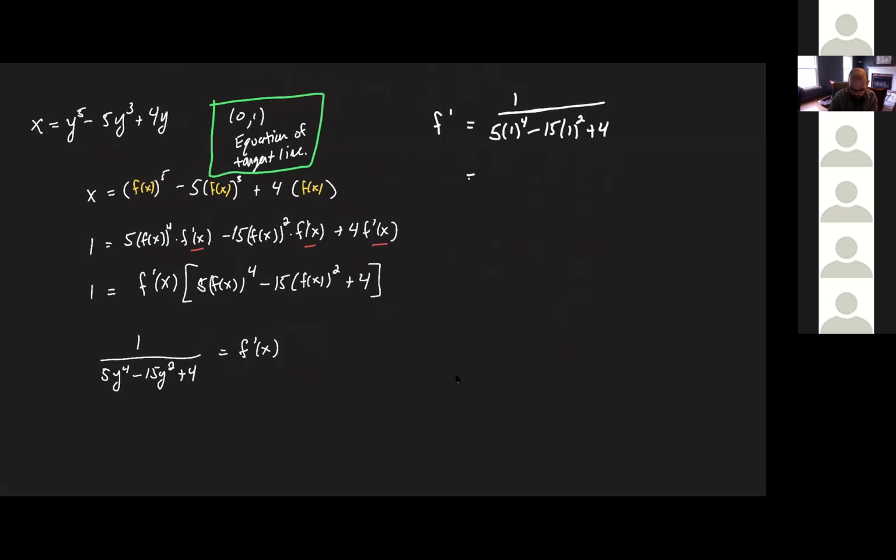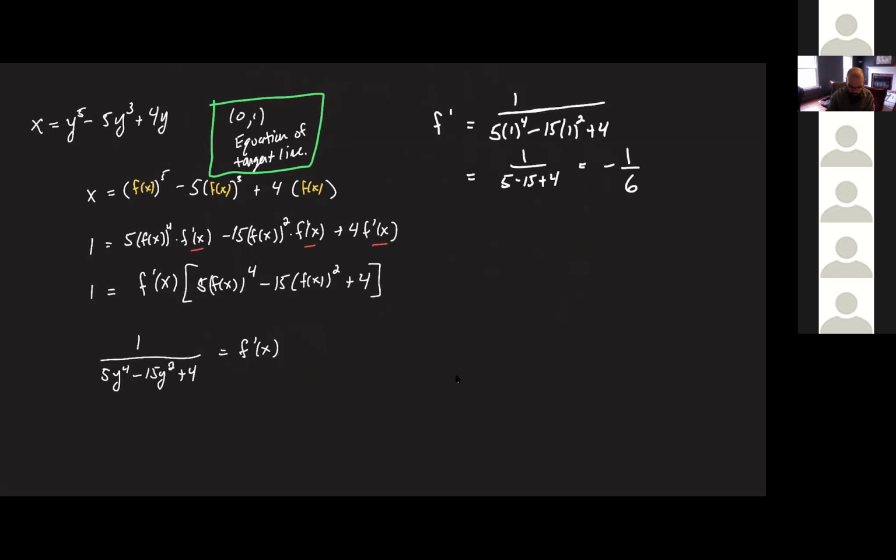And so what is this? This is 1 over 5 minus 15 plus 4. Think about this: 5 minus 15 is negative 10, plus 4 is negative 6, so you get negative 1/6.